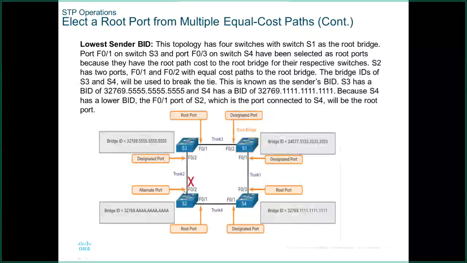Therefore, I should normally turn this to a designated, but as I've got a loop, I'll change this to an alternative port, thus breaking the loop.